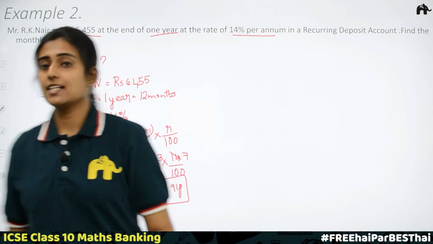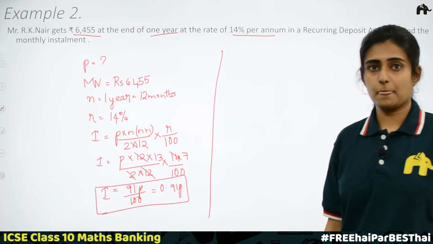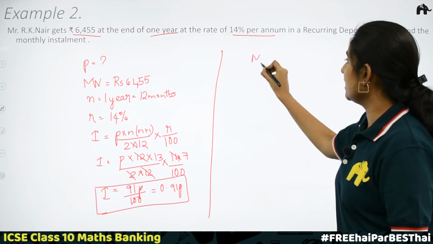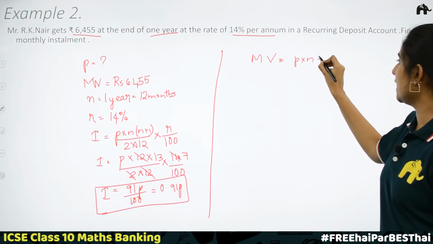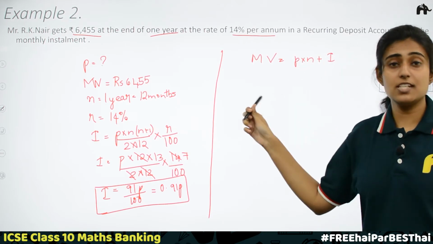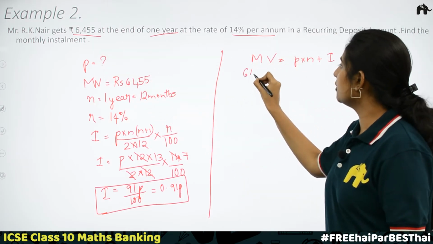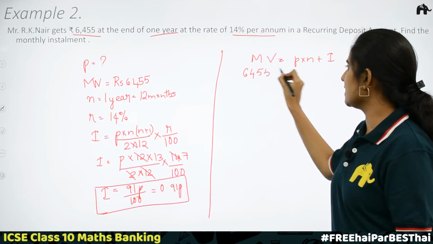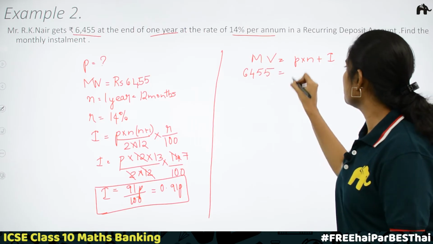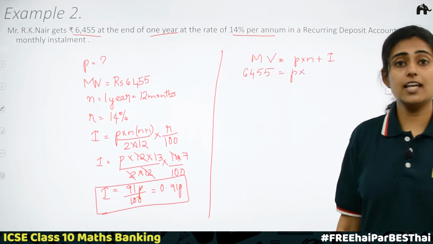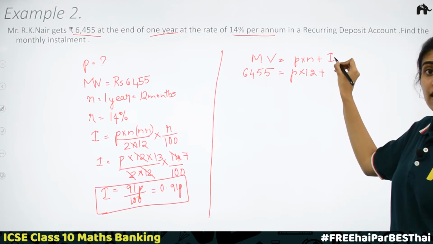Interest is equal to 0.91P. Next, how do you find the maturity value? Maturity value MV is equal to P into N plus I. In this question, we have maturity values given, right? That is 6,455 is equal to P into N. P we don't know. So, keep it as it is into N. N is equal to 12 plus interest.